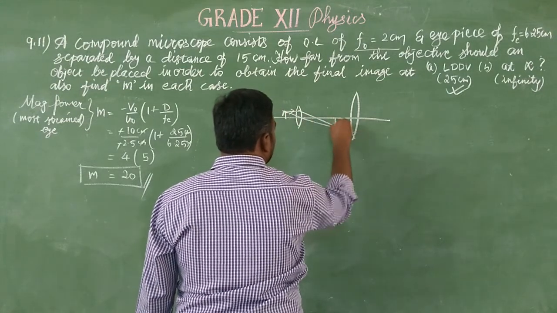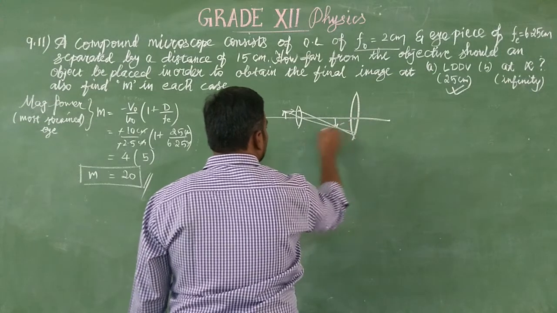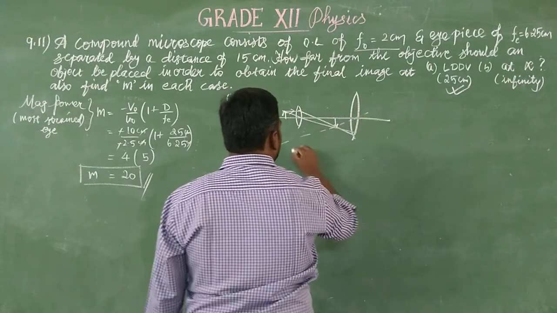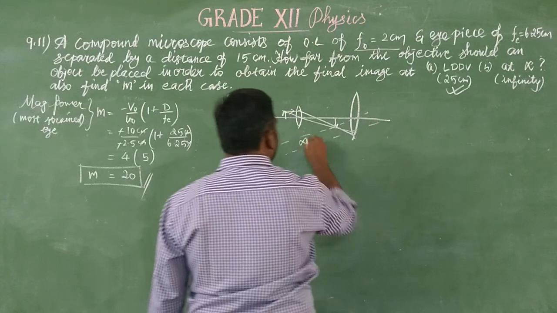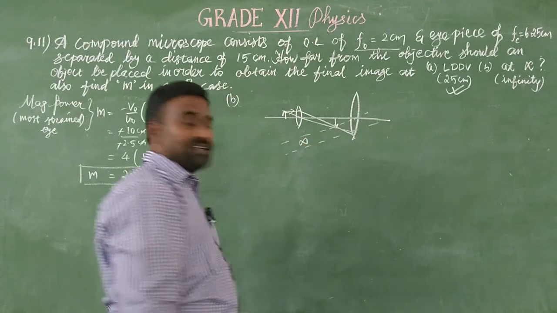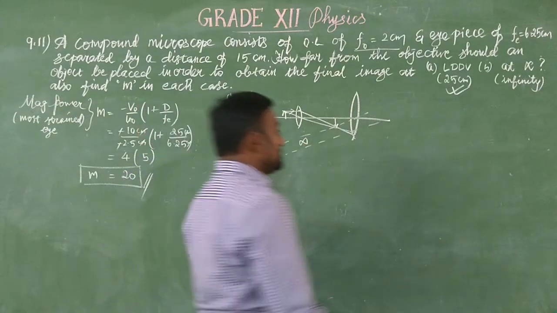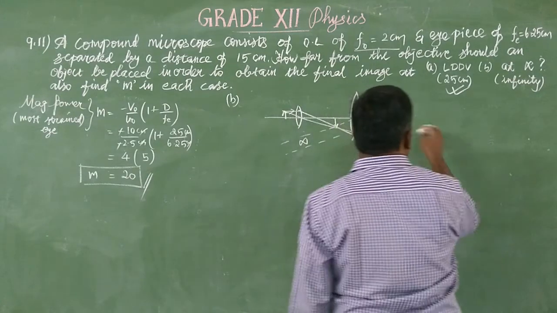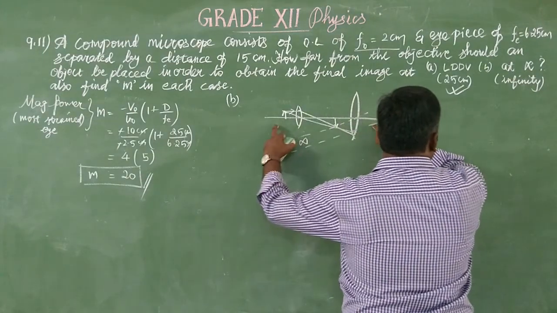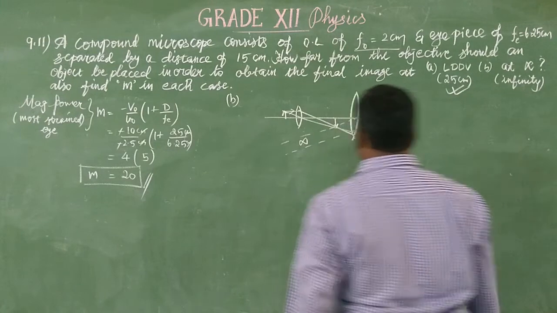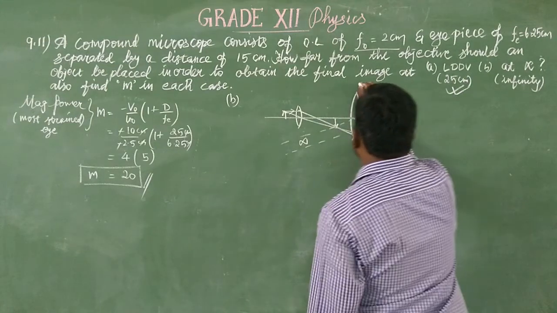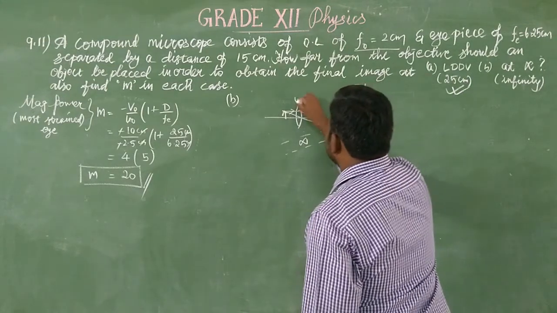So the image is obtained here, then the two rays must go parallel to each other, and the final image is obtained at infinity. Okay, right? So here we are going to follow the same procedure. So assume the object is in front of the objective at V0. So we are going to assume this is the eye lens, this is the objective lens.